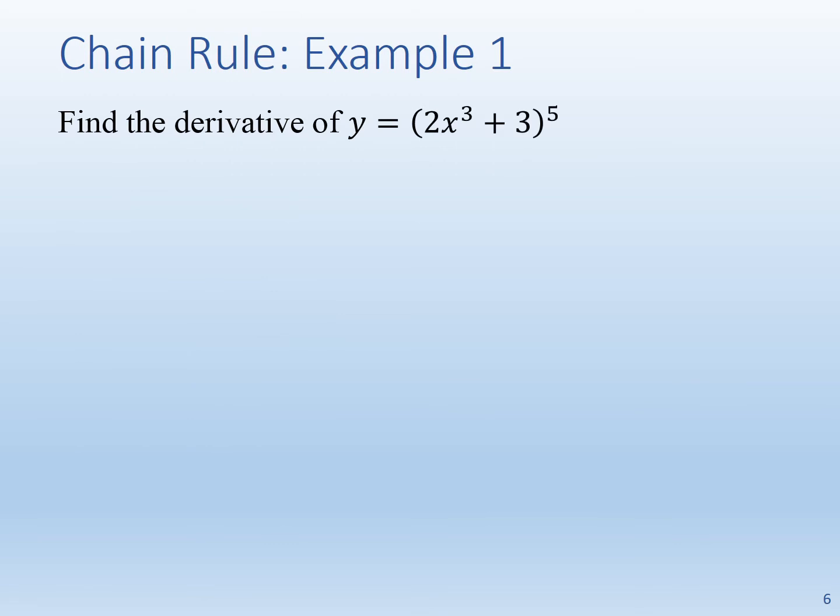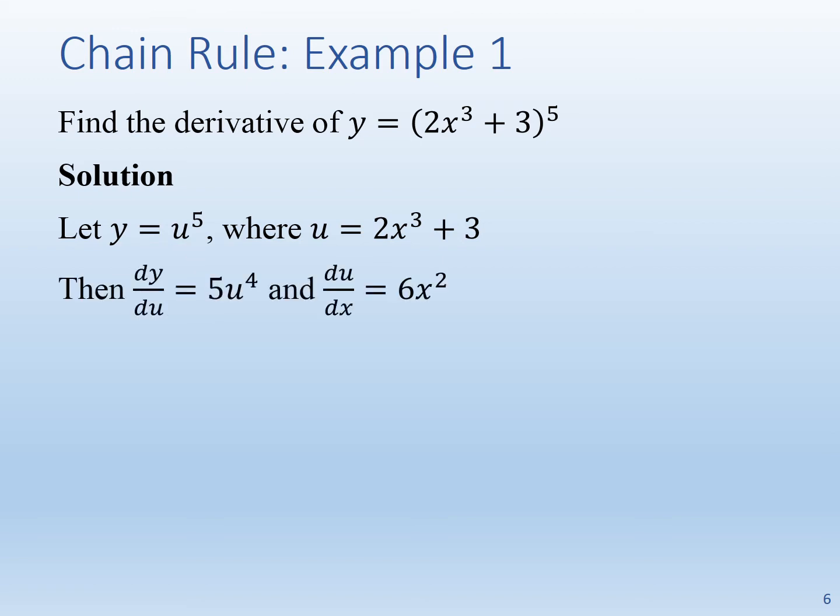In this example, we have a function inside the function. We have the power of 5 function, and inside we've got the function 2x cubed plus 3. So if we make that substitution that the u is 2x cubed plus 3, we then have y is u to the power of 5.